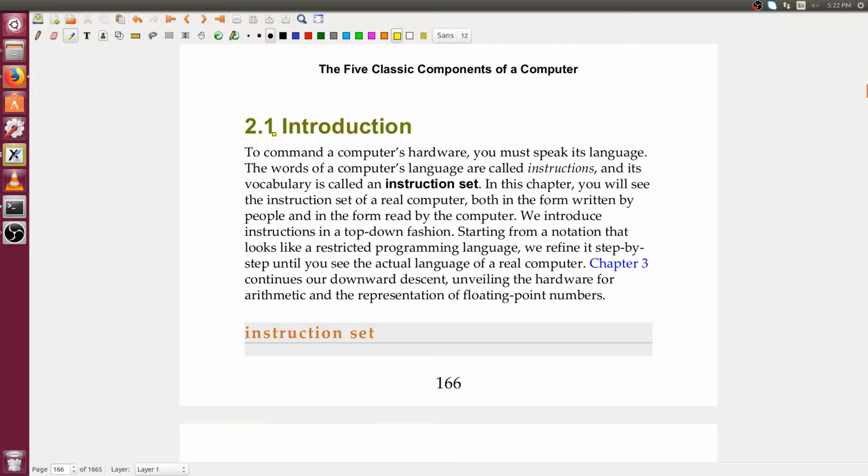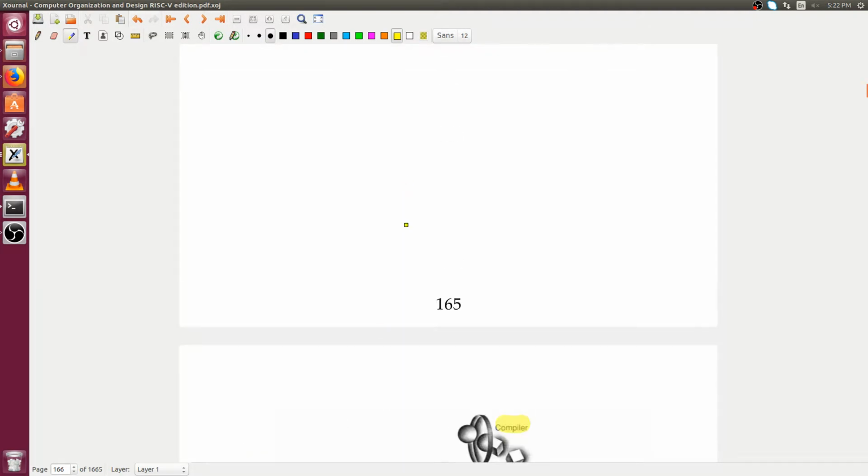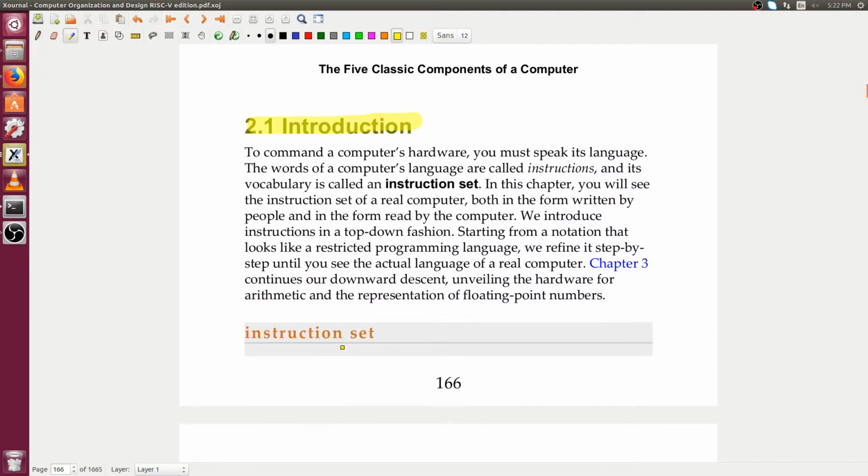So let's get started. Let's introduce this subject of instructions. To command a computer's hardware, you must speak its language, and the language of a computer is known as its instruction set. You can think of your instruction set as the alphabet. It's the building blocks of building applications.